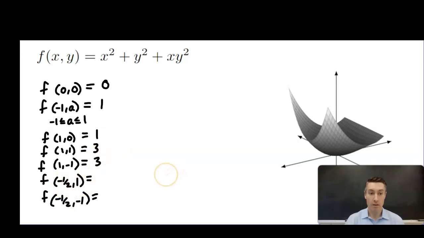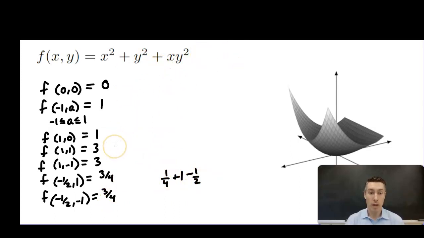This one I'll write out. It's going to be 1/4 plus 1 minus a half. So that's 5/4 minus 2/4, so 3/4. And same thing here, because our y terms are squared, so that's not going to change either of those values.